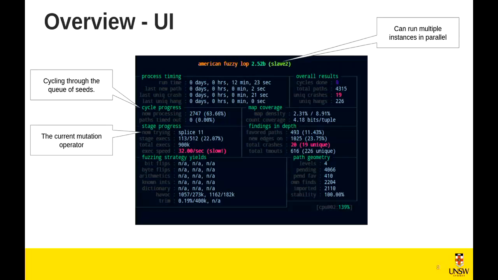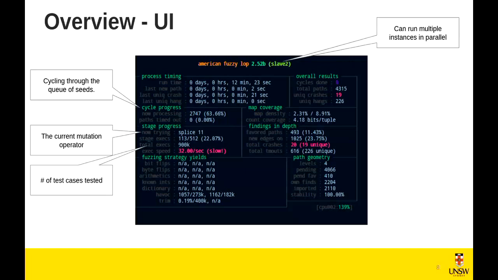And in this stage progress part, it actually shows us the current mutation operator being used by AFL. And the total executions actually means the total number of test cases we have tested with AFL.